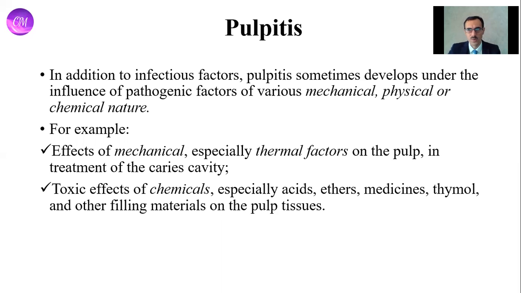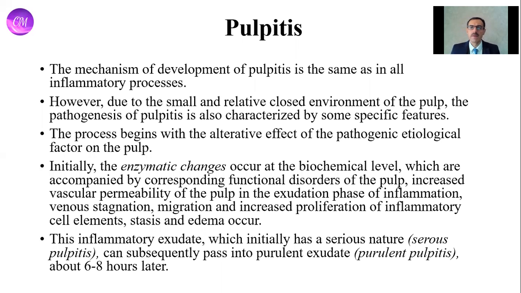So we can call these diseases iatrogenic diseases. The mechanism of development of pulpitis is the same as in all inflammatory processes. However, due to the small and relatively closed environment of the pulp, the pathogenesis of pulpitis is also characterized by some specific features.